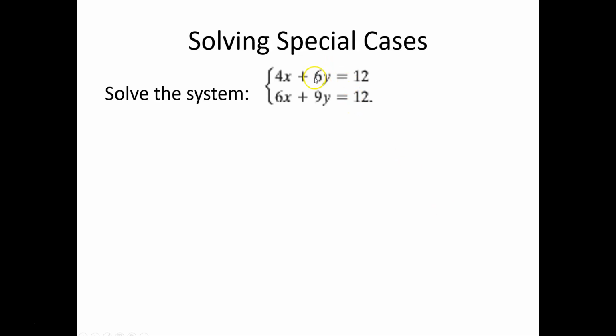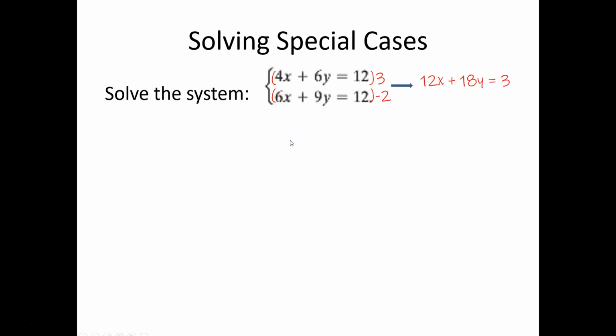So we have 4x plus 6y equals 12 and 6x plus 9y equals 12. Well, we can't just add these two together, but this is 2 times 2, and this is 2 times 3. So let's times the top one by 3 and the bottom one by -2, because remember we need opposite signs.